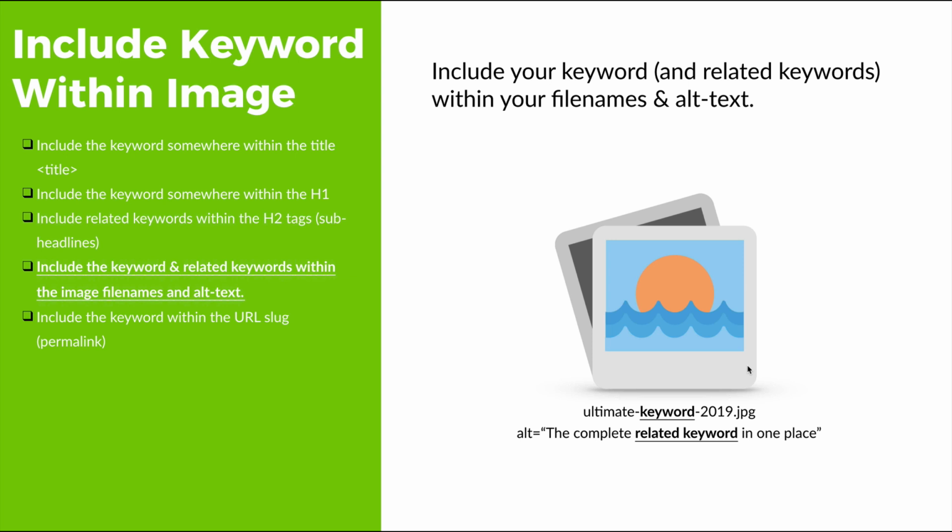Therefore, we're going to give them a little boost. Also, the alt text, do the same exact thing, put a related keyword or even the exact keyword in your alt text. That's going to give you an extra little boost. And for people that are viewing the web without images, they're going to be able to know what that page is about.